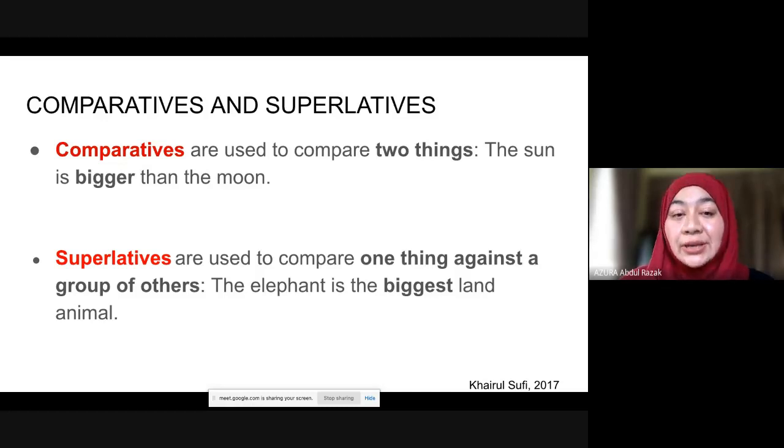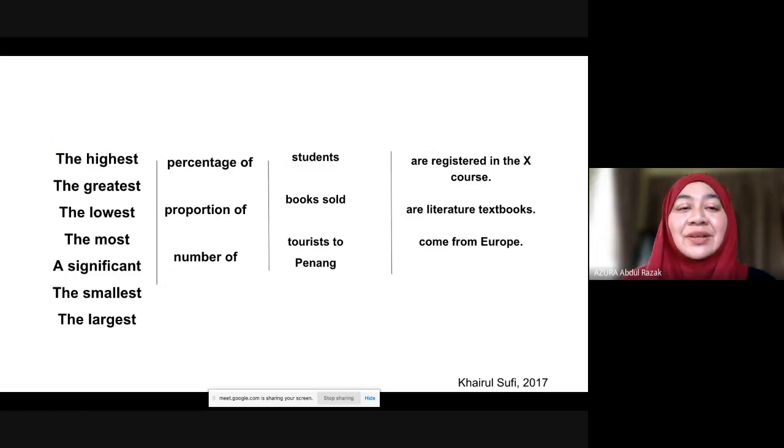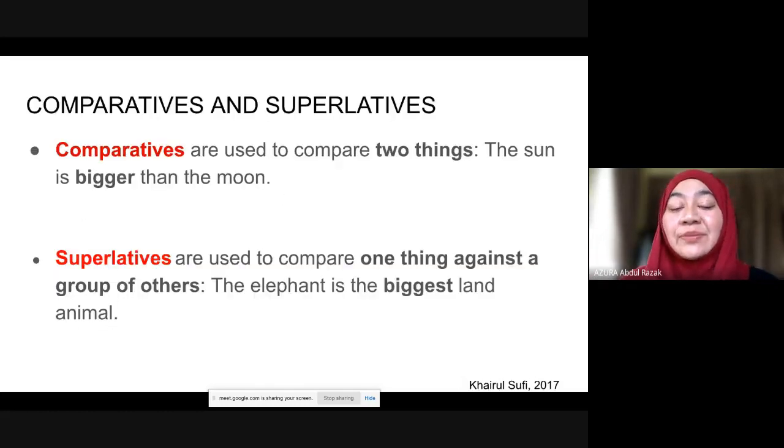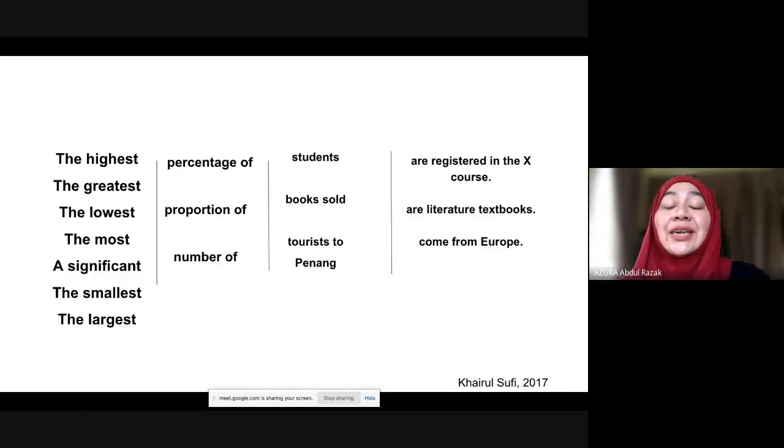So usually, but not all the time, for comparative, you use ER, bigger. And for superlative, you use the EST. Not all the time, remember that, all right? So how do we differentiate between the two? When are we going to use ER? When are we going to use EST? We'll discuss that later.